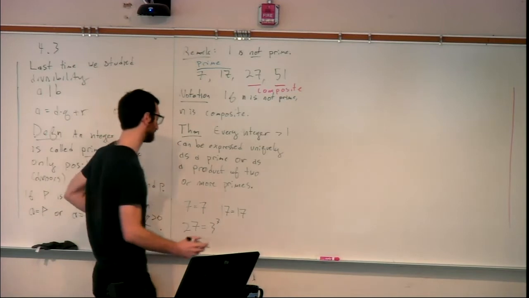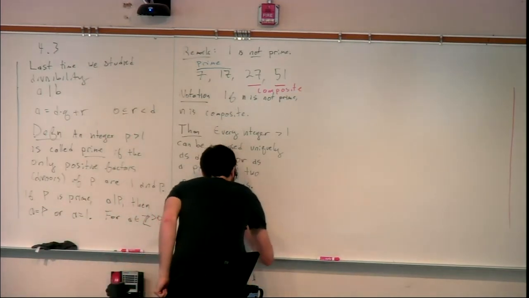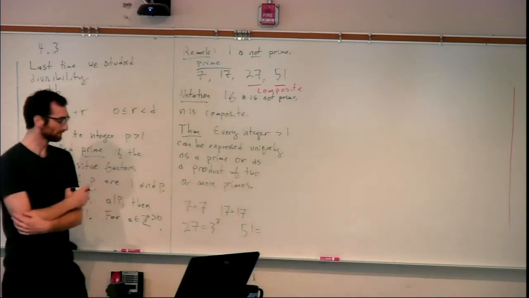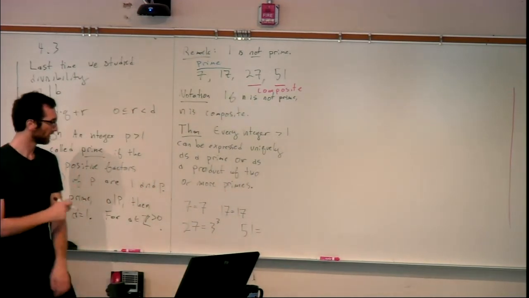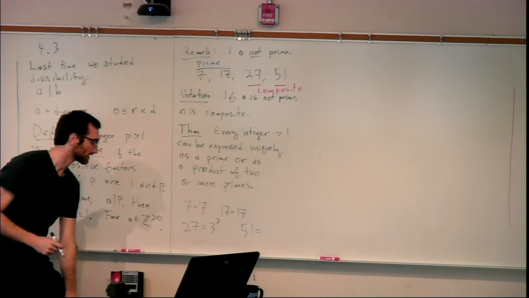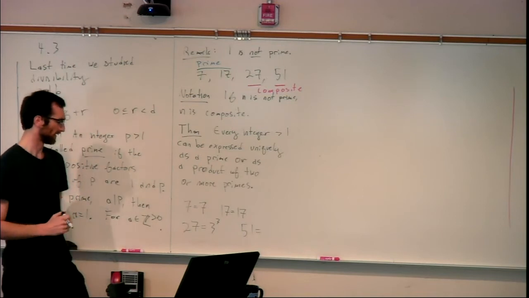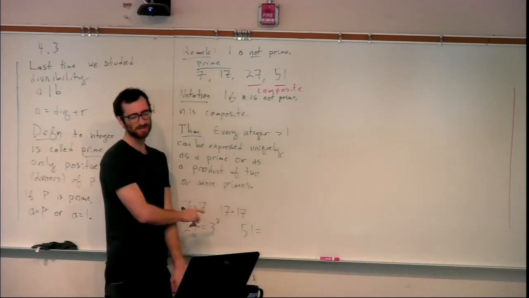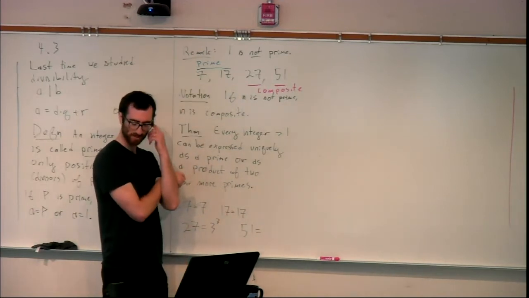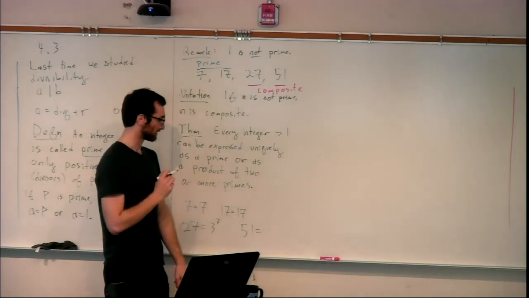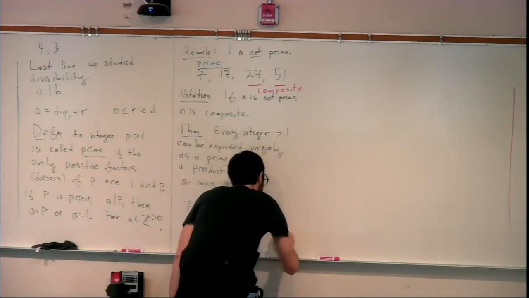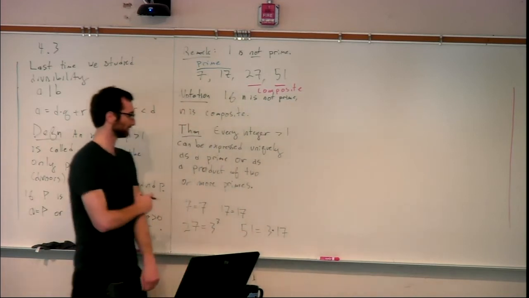What do we get for 51? Well, 51, I know that it's divisible by 3, right? It's going to be 3 times 17, right? 60 is equal to 20 times 3. So if I subtract off 3, I should get 3 times 17.